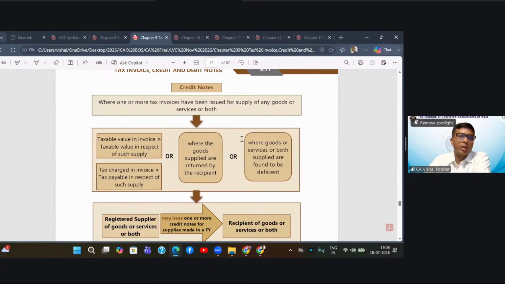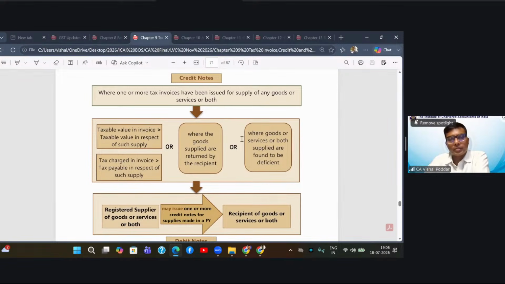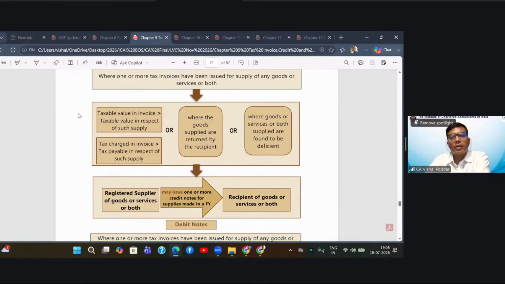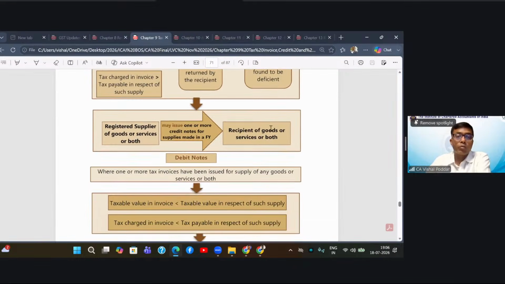Next, a very crucial document in GST is the credit note. Now, when this applies: where I have already issued an invoice, and after issuing the invoice, later on it is found that I have wrongly claimed a higher value in the invoice, or I have wrongly charged a higher tax. So my value is higher, tax is higher. Or where the goods supplied by me are returned, or where the goods or services provided by me are found to be deficient.